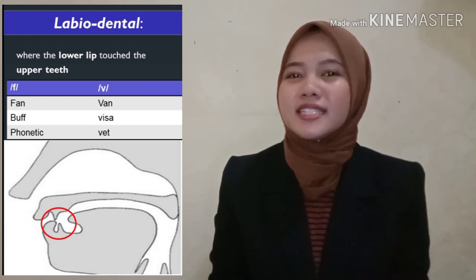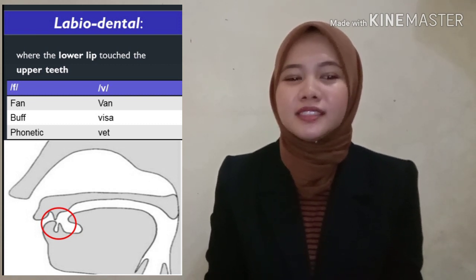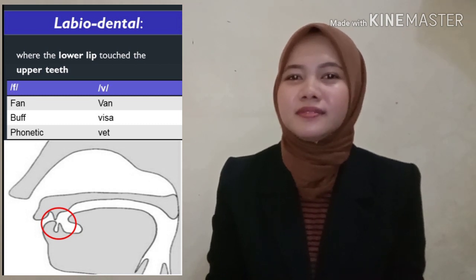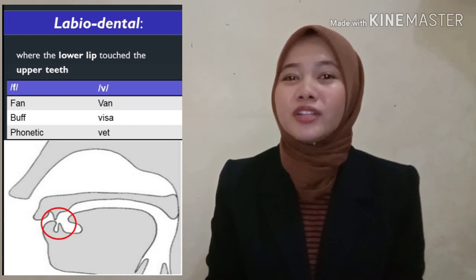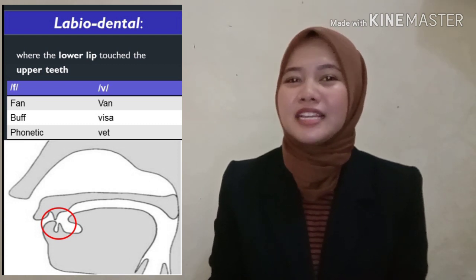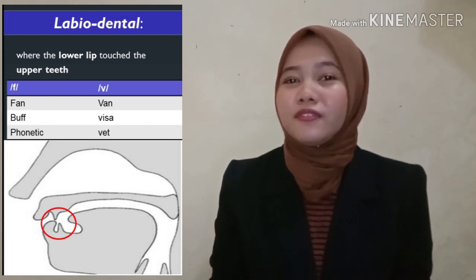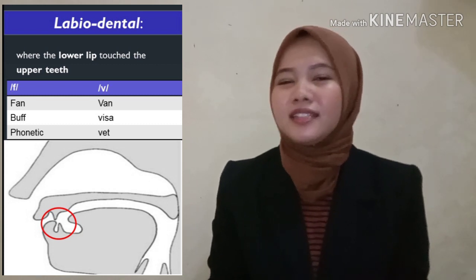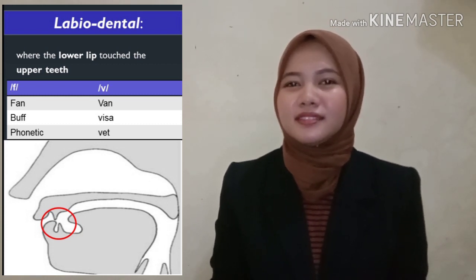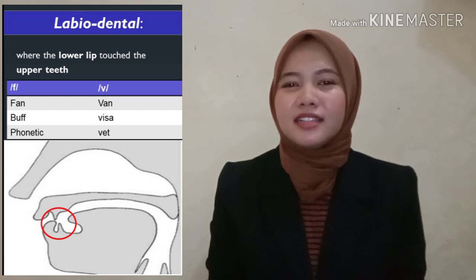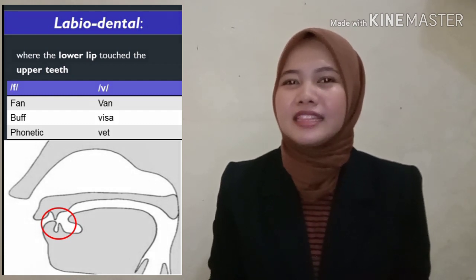For the f sound, examples are fan, buff, phonetic. And for the v sound, for example, van, visa, vat.